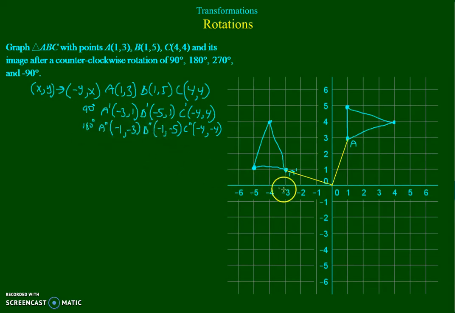And let's plot the points. We have negative 1, negative 3. We have negative 1, negative 5, and negative 4, negative 4. And there is our third triangle. And this is A double prime, which is negative 1, negative 3.